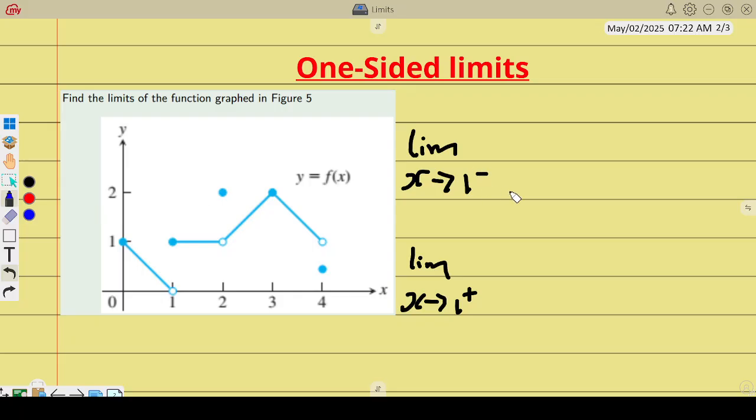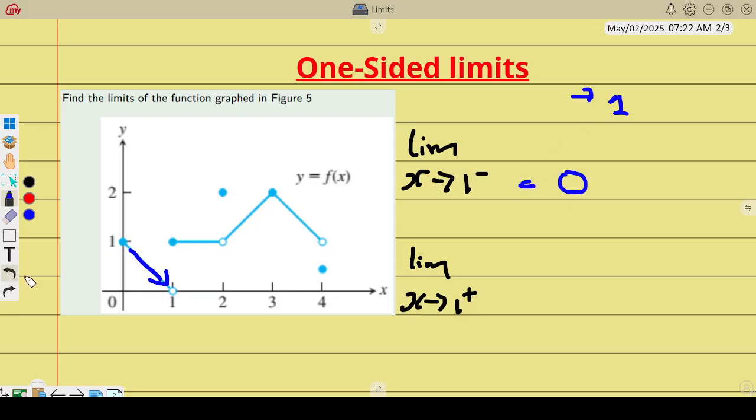From the negative, we go like this, coming down to 1. When we reach the point 1, what is the y value which we have? We have a 0. So when we're approaching 1 from the negative, we have a 0.